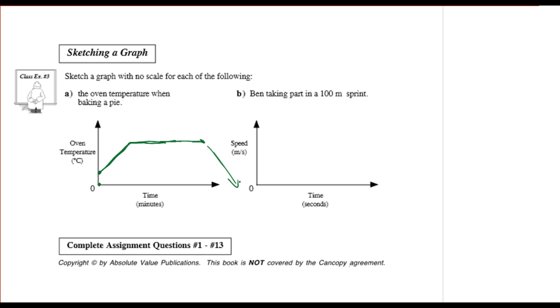All right, Ben taking part in a 100-meter sprint. Well, you accelerate. Usually when you're running, your start is the slowest, so your speed will go from 0, and it might climb like this. It might not be a perfectly linear thing. It might be more like this.